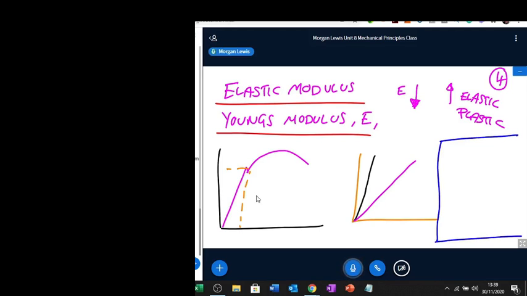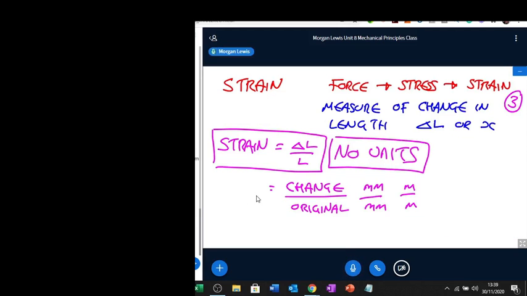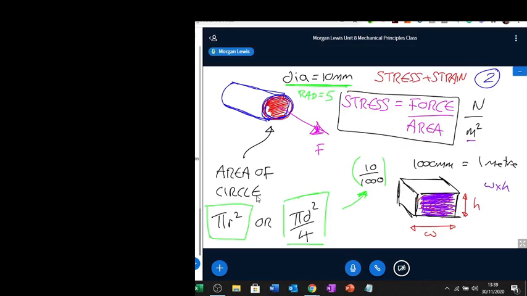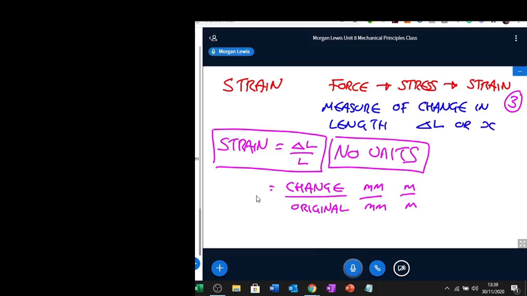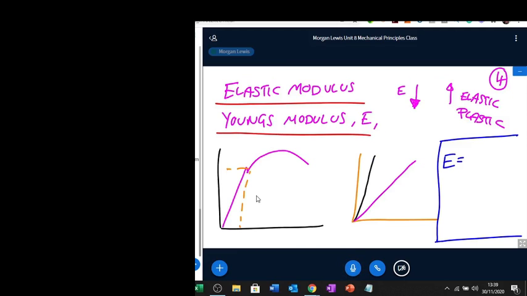The formula for Young's modulus was, E is a symbol. Anybody remember? Well, we've worked out strain and we've worked out stress. So there's the clue. Stress over strain.